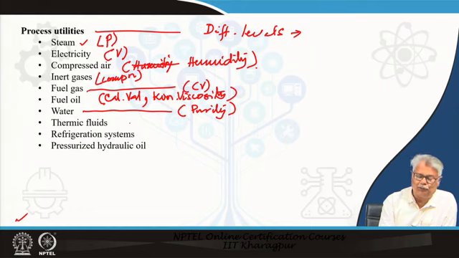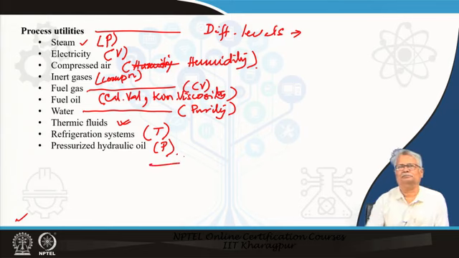In case of thermic fluid, there are different thermic fluids which are used for heating or cooling a system, like Dowtherm, or some other thermic fluid which is available commercially. You have refrigeration systems. In case of refrigeration system, normally what you talk about is the temperature of the refrigerant. You have pressurized hydraulic oil system, where definitely the major parameter is pressure.